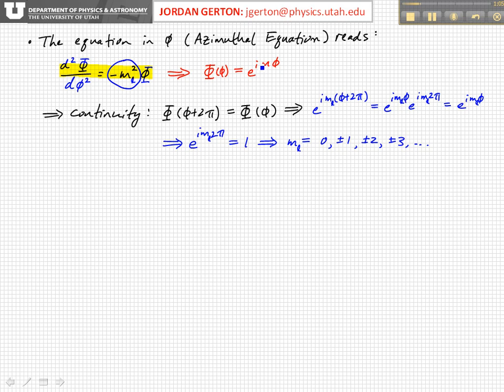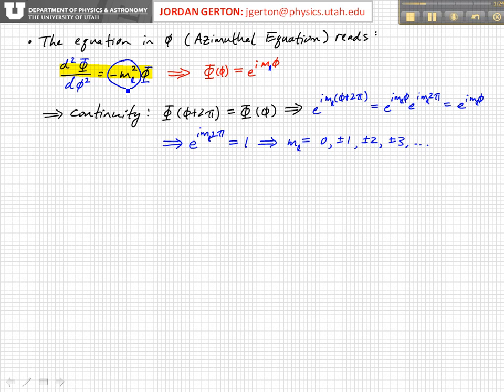Okay, and so basically we have this one number m, m sub l. That's our one constant.